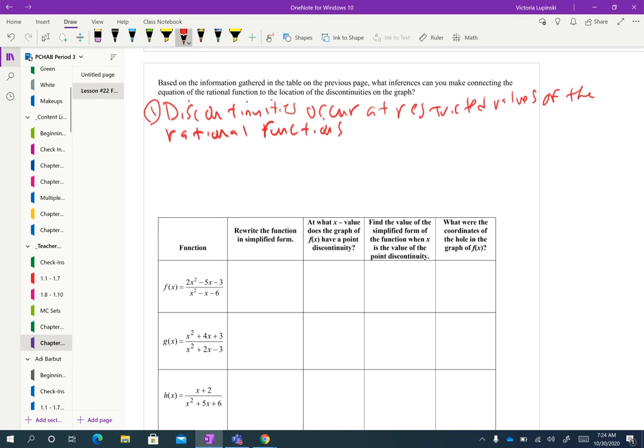So that's the main idea, making sure you understand that discontinuities are a thing and they happen anywhere that there's a restriction. Then once you realize that there is going to be a discontinuity, you're going to make sure you understand the difference.